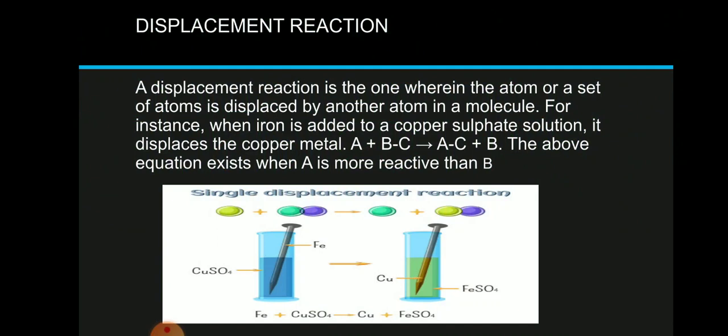This happens when a more reactive metal displaces a less reactive metal from its compound. For example, iron is more reactive than copper, so iron takes its place and copper is formed as a suspension in the test tube.